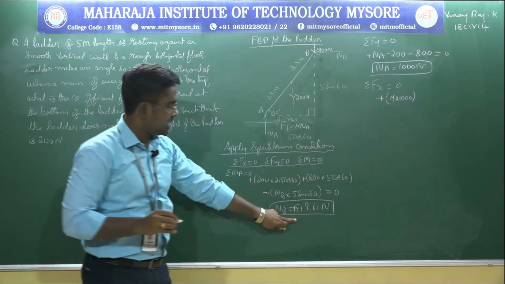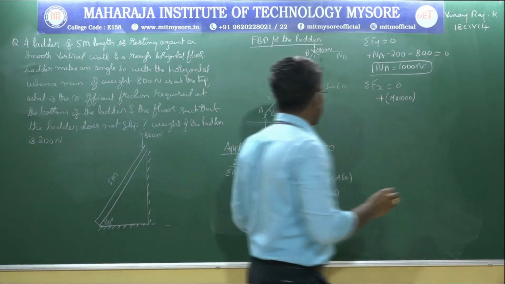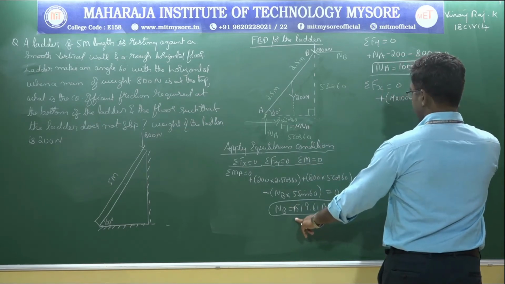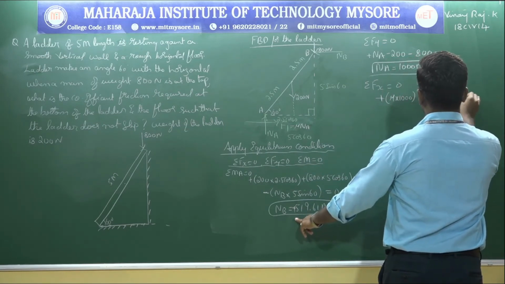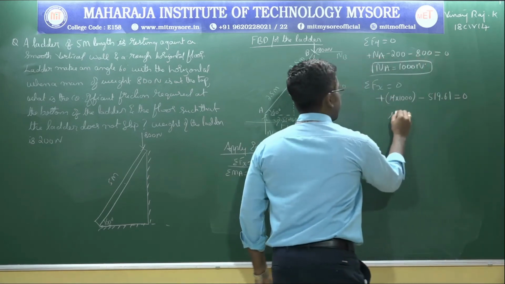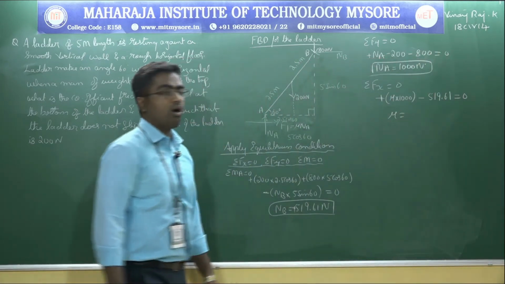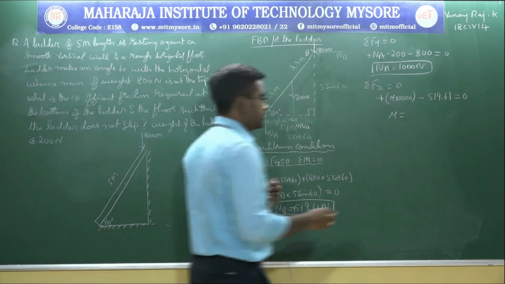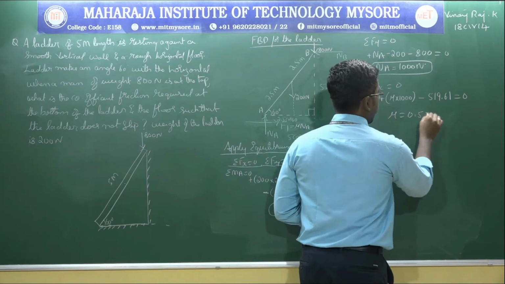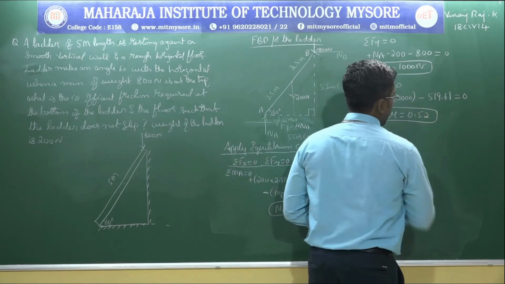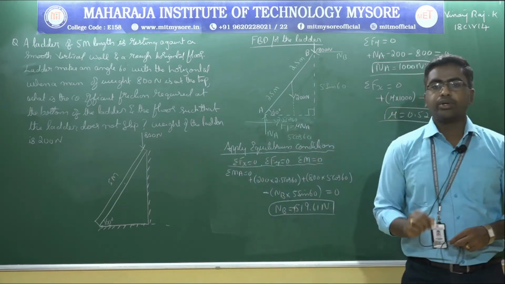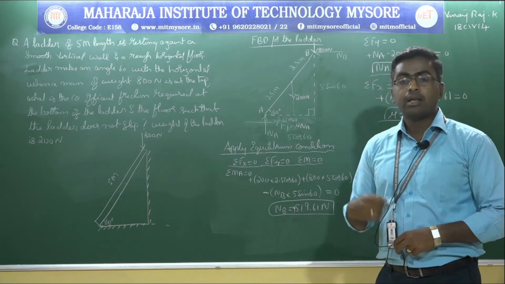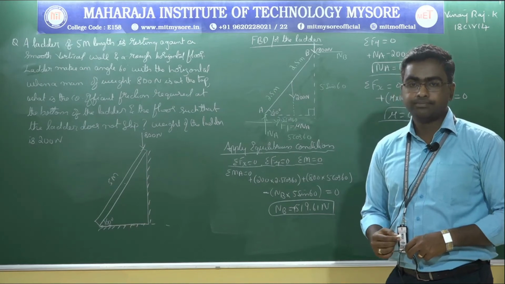So NB value here is 519.61, and that is minus 519.61 is equal to 0. If I simplify this, easily I can get the value of mu, and mu value is 0.52. So this is how you need to solve the ladder type problem, right? Let us move to the next problem.